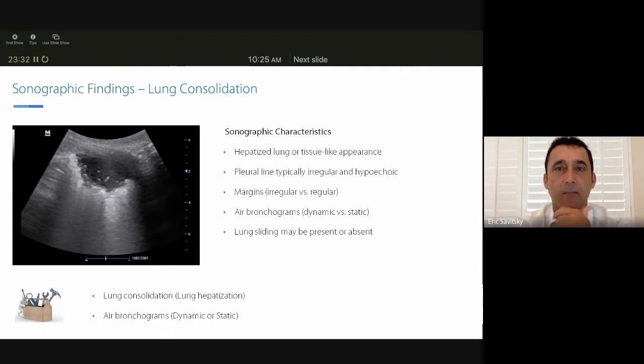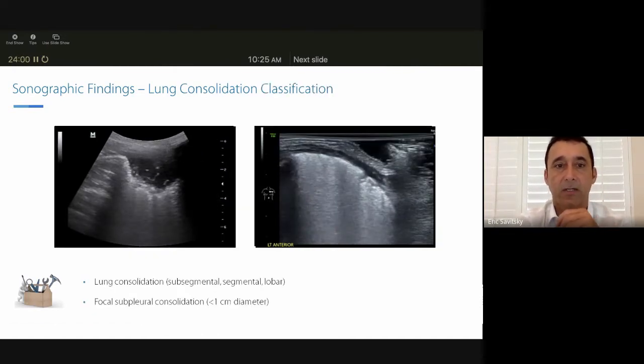You see these bright hyperechoic signals within the consolidation, and those are air bronchograms. That's air trapped in a bronchus that can be static or can move to and fro as the patient breathes in and out. And then lung sliding can be present or can be absent depending on if you can even see the lung pleura. And in this case, with this focal consolidation, there's a dropout of signal. So this is lung consolidation, just defining the terminology. And we'll talk about the differential shortly.